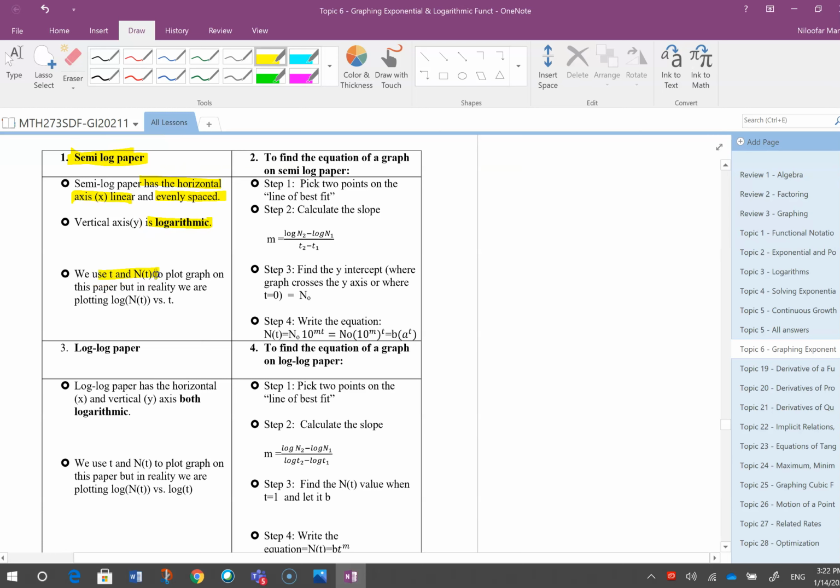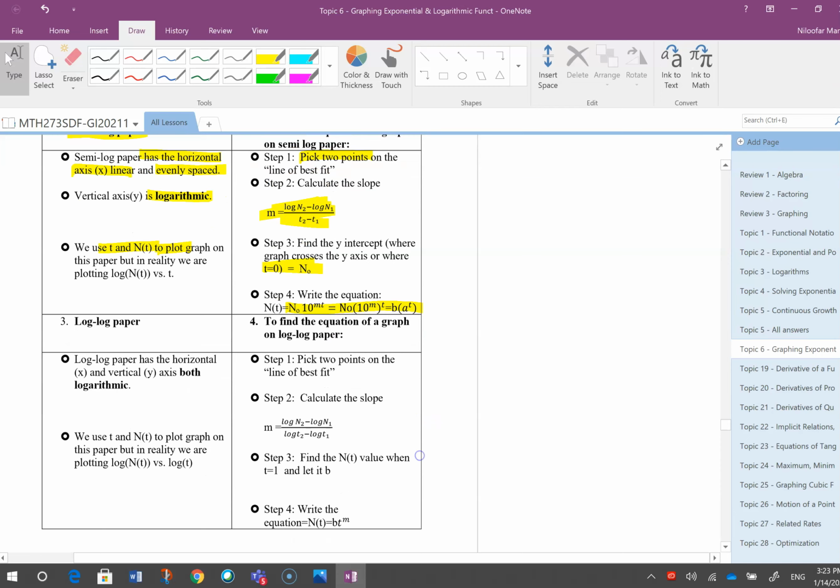You use t and nt to plot, and the paper itself is doing logarithm on the y-axis. Then you pick 2 points. You use log for y and not log for t. You use the y-intercept, and then you use it here.